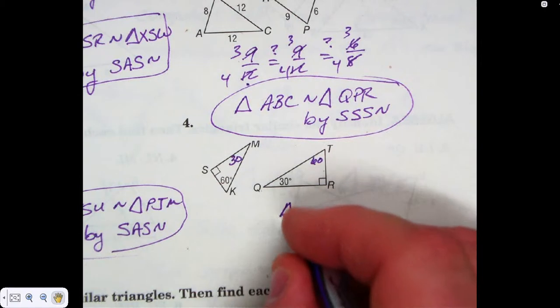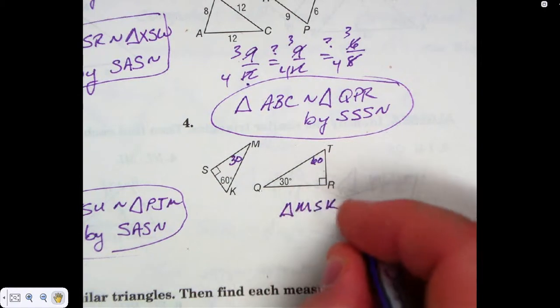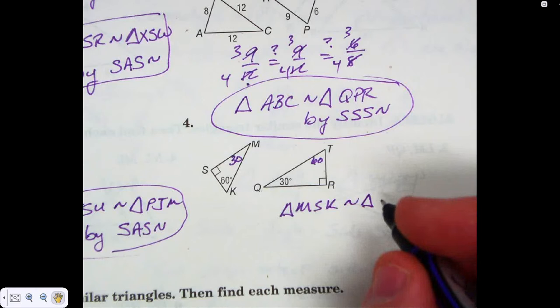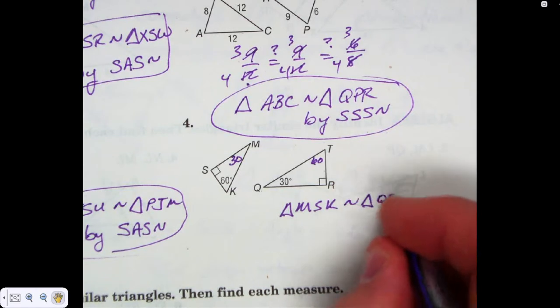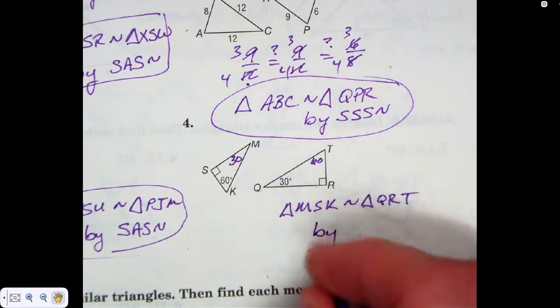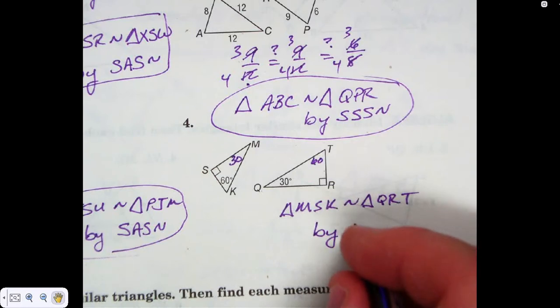So triangle MSK is similar to triangle, that would be QRT, by what? Angle similarity.